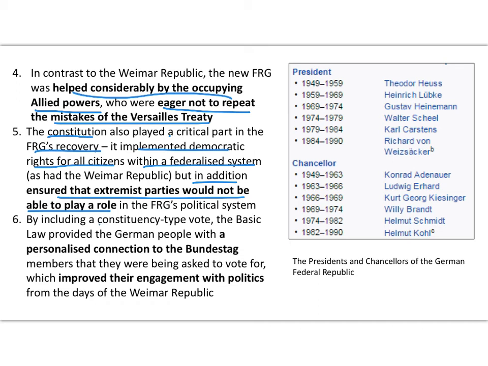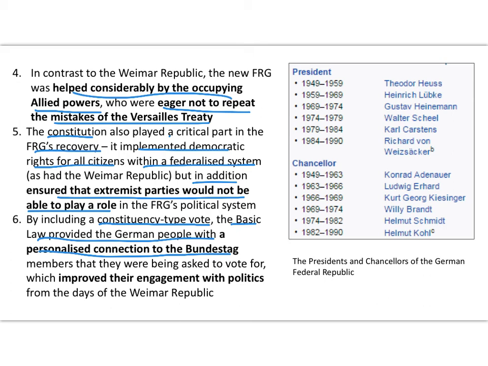And also by adding a constituency type vote, in addition to the party list vote, that's the way the voting worked, personalised proportionality, the Basic Law provided the German people with a personalised connection to the Bundestag. Okay, so the German people were not just voting for names on lists, people they didn't know.